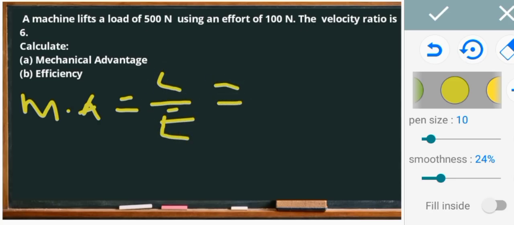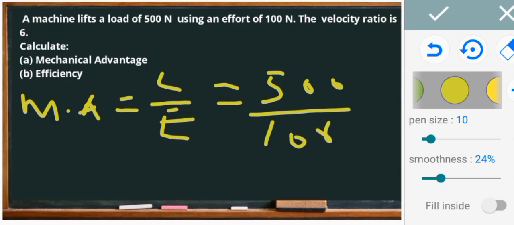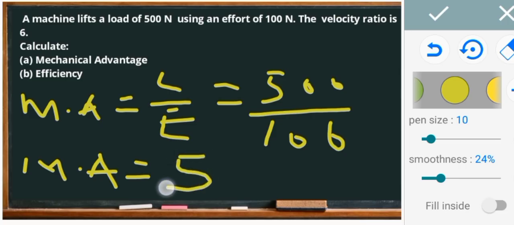Our load is 500 and our effort is 100. So 500 divided by 100, we have mechanical advantage equal to 5.